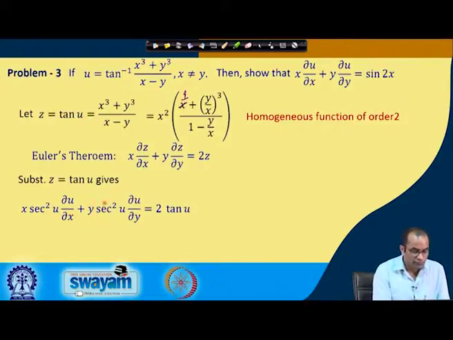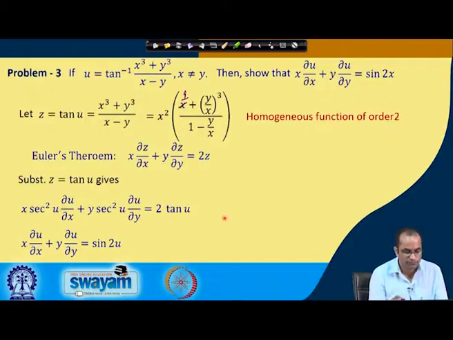Then plus y, and similarly we have del z over del y, which will become sec square u times del u over del y, is equal to 2 times z. So z is tan u, and then here sec square u is common, we can bring to the right hand side. So we get x del u over del x plus y del u over del y, and this sec square u goes there as cos square u.